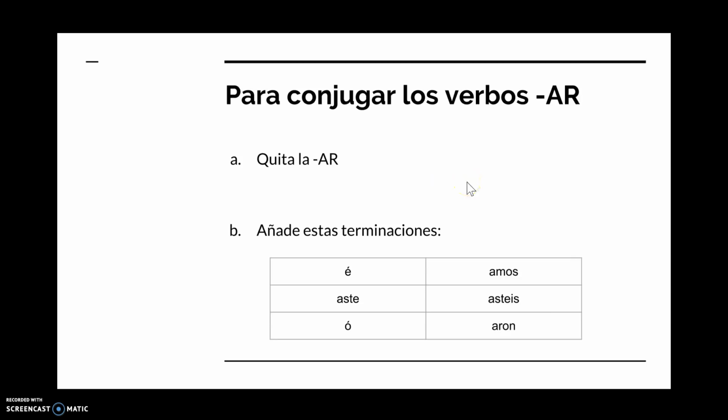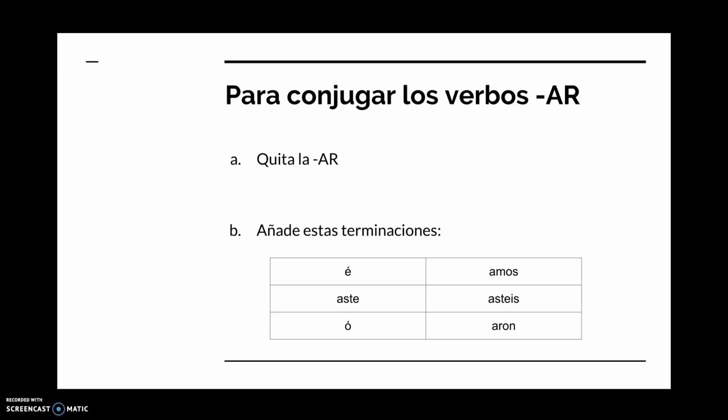We're moving on to a quick review of how we conjugate regular AR verbs, los verbos regulares AR en el pretérito. The first step is quita la AR, or get rid of the AR, and then afterwards añade estas terminaciones, add these endings. é, aste, ó, amos, asteis, aron.